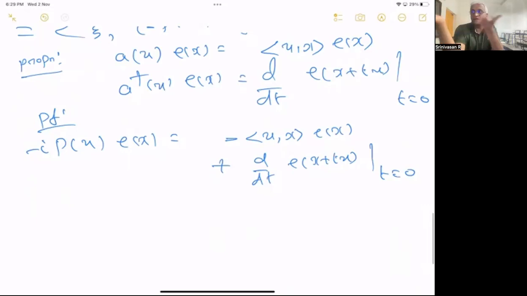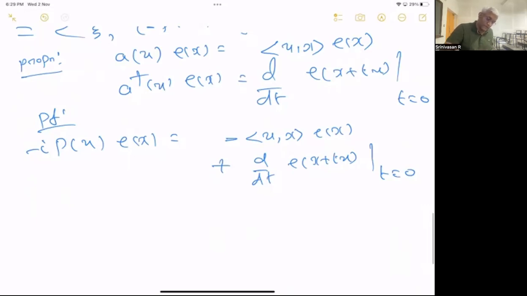P of U is a vector, it has to act on some E of X. It's not true everywhere, we want to talk about this relation on the domain of P of U. So what is T of P of U acting on E of X? It equals T acting on the limit, as t goes to 0, of W of tU minus 1 applied to E of X, divided by t.